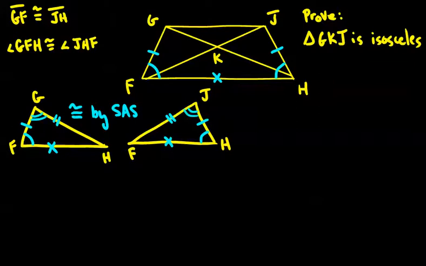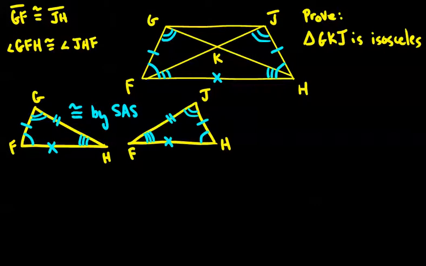We do know that angle FGH is congruent to angle HJF, and I marked those up in the original diagram. We also know that the smaller angle, the GHF, is going to be congruent to JFH, and those we can also mark up in the larger diagram, in the original diagram, like so.